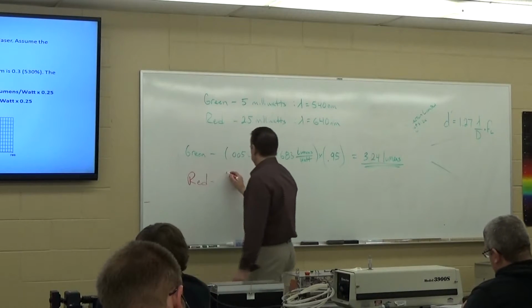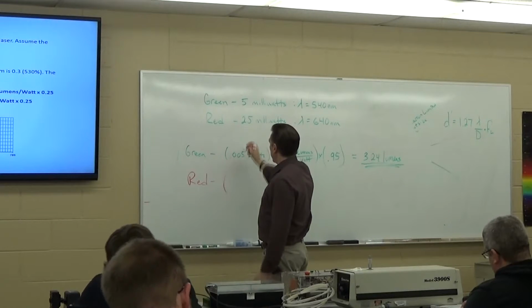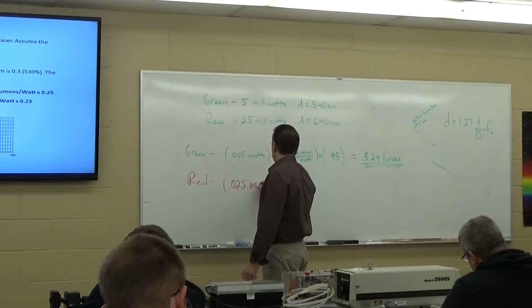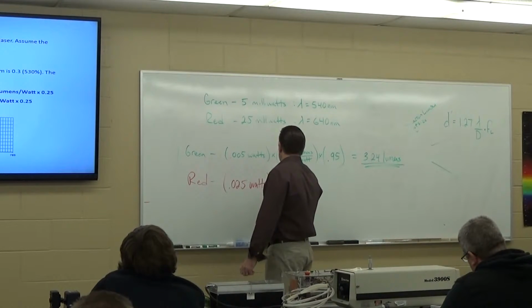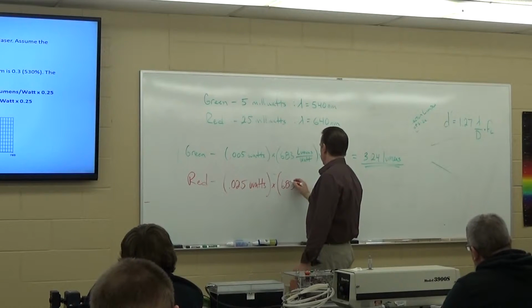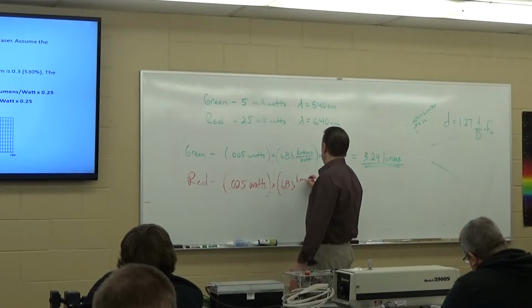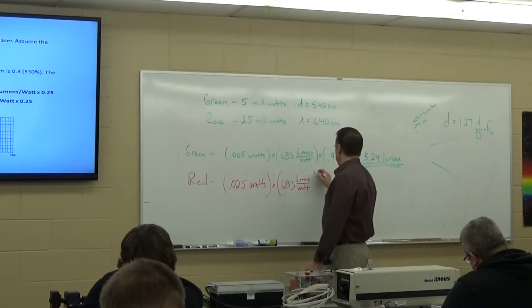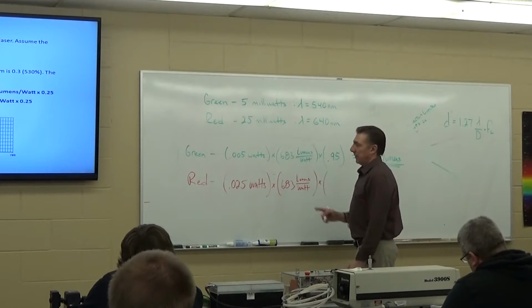For the red, we've got 25 milliwatts, which is 0.025 watts, times 683 lumens per watt, times, now we have to go over to the chart.